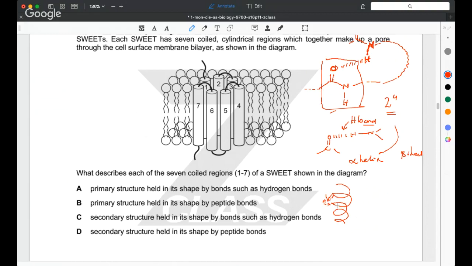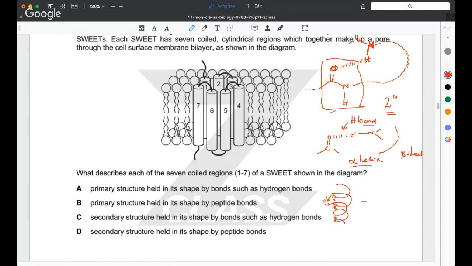And that set of hydrogen bonding is what's holding that alpha helix in its shape. So that's the origin of the secondary structure in proteins.